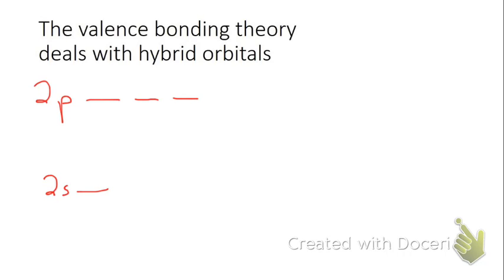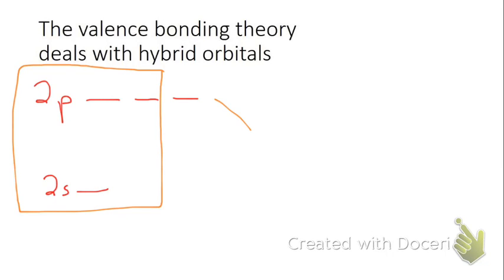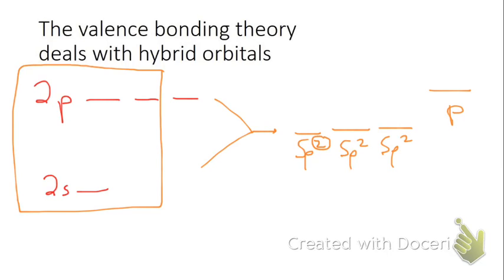What we can also do is hybridize these together, and when we do that, we get 3 sp2 hybrid orbitals. Again, the trick is to look at the number on the p to tell you how many of them have been hybridized.